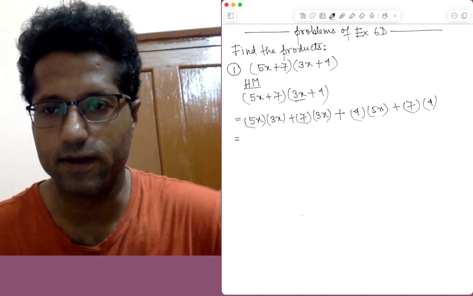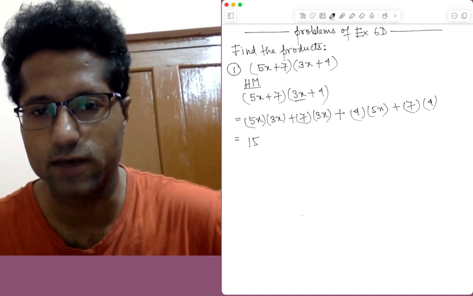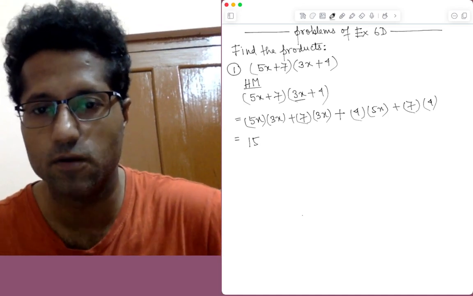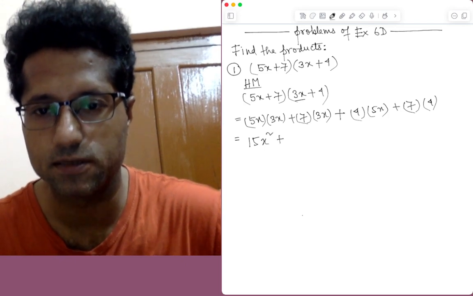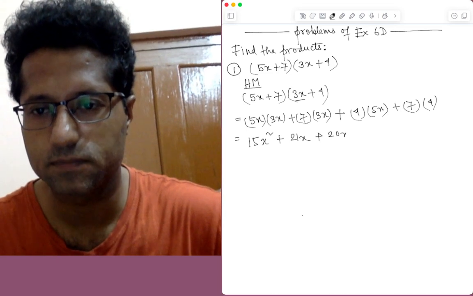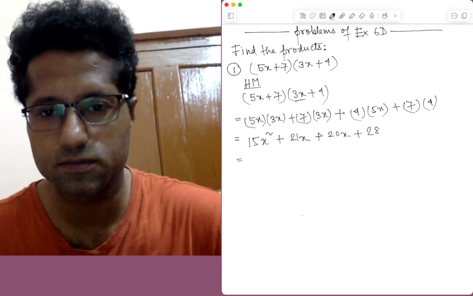So now we have to simplify the products. This becomes 15. x into x is x square as per the laws of exponents. I have already discussed in the previous video. x into x is nothing but x square. This is plus 21x. This is 20x and this is 28. Now we will collect the like terms.